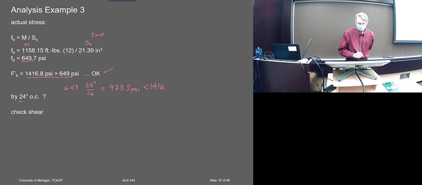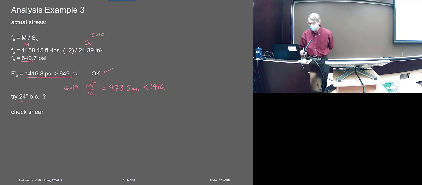So looks like it was pretty much over designed. Probably could have gone to a smaller size, maybe, I don't know. Anyway, that passes, and then you could check the shear, calculate the shear Vmax, and hopefully that passes.